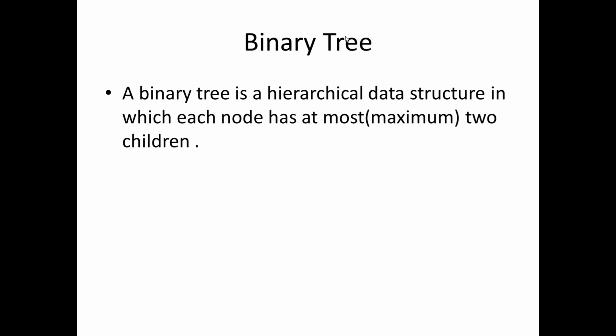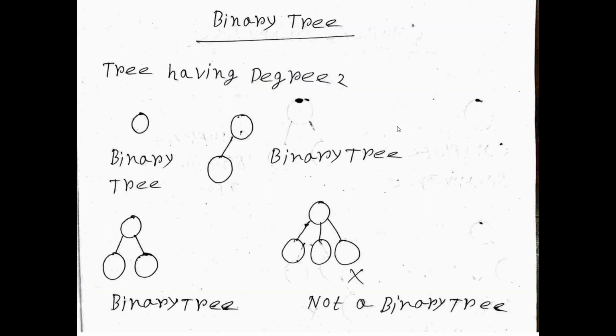I'll explain with examples of binary trees after some time, but for now, just understand the definition. We can also say it is a tree having degree 2, meaning a maximum of 2 children.